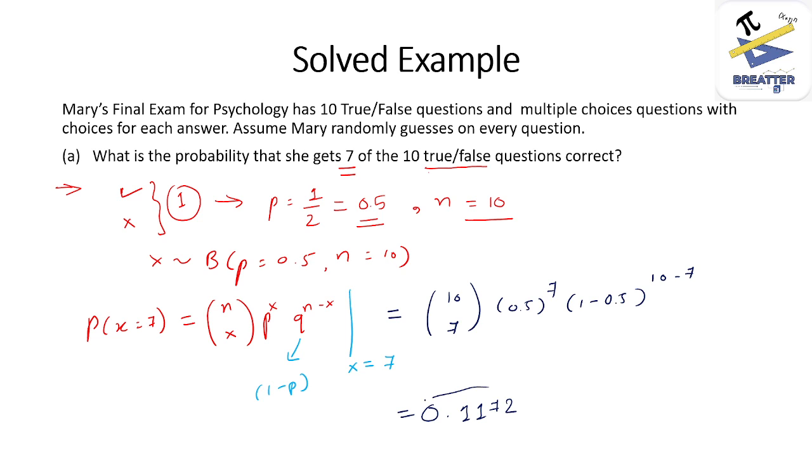So 0.1172 is the correct answer for the first question. That means the probability that she gets 7 of the 10 true false questions correct is nothing but 0.1172. This answer we have obtained through binomial distribution. Now let us know what the second part tells us.